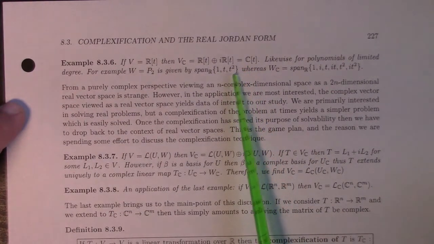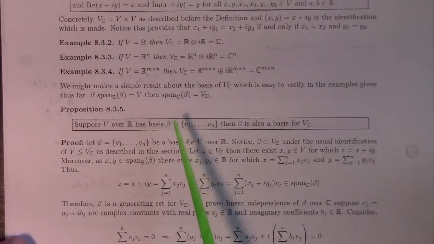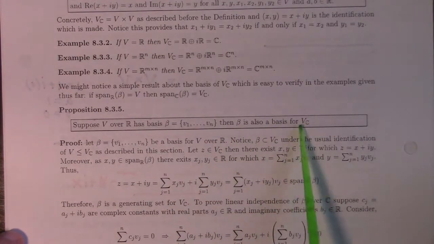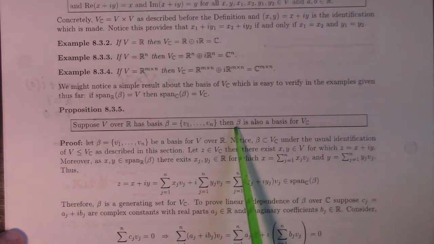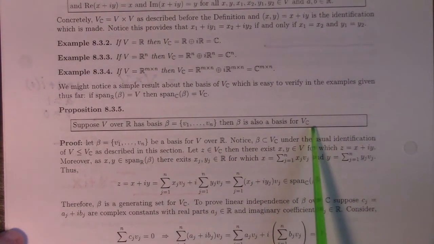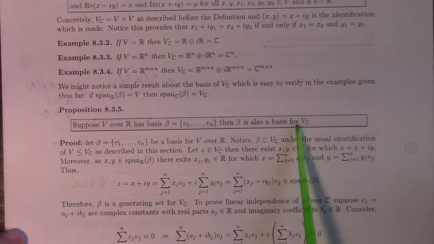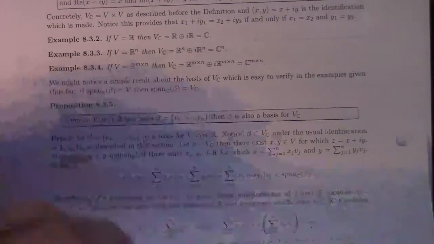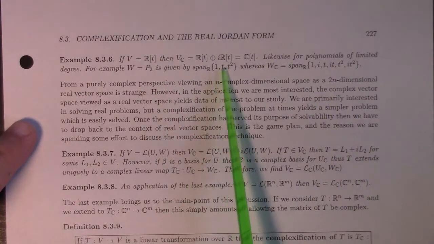The thing that was a little bit sneaky about the theorem I just glossed over, I should probably say a word about, is that I'm saying a real basis, but I'm talking about a basis for V_C, which is a complex vector space. So I'm saying it's a complex basis in that sense. As a real vector space, V_C is actually twice the dimension of V. Like right here, P2 has basis 1, t, t squared.